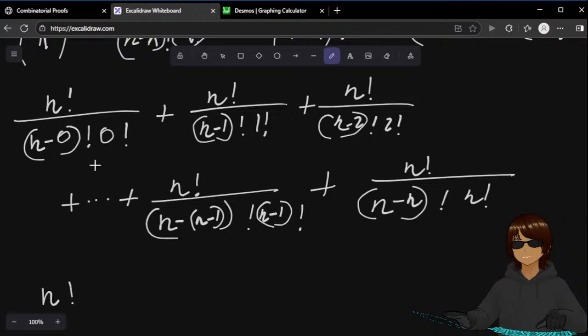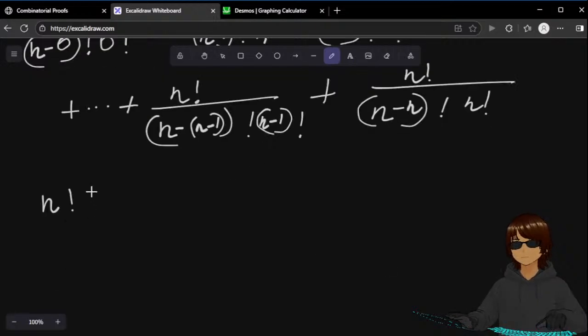We can multiply the denominators with each other so that they all become equal. That is what I'm thinking. No, not n minus 0. Minus 1 factorial, 1 factorial.